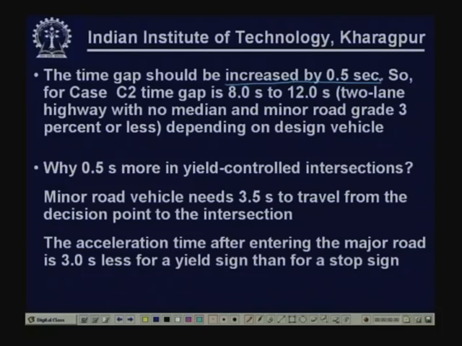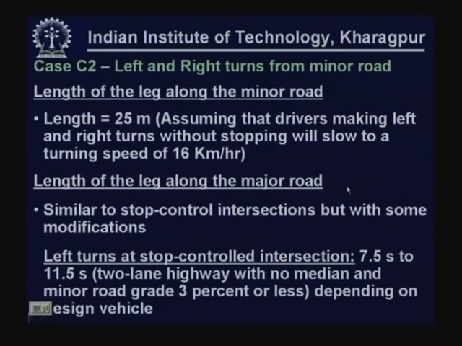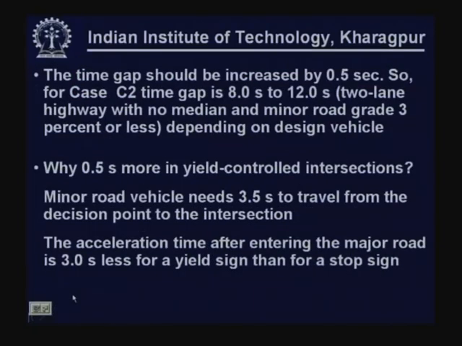In this case, it is 8 seconds to 12 seconds, again depending on design vehicles, and this range is for 2-lane highway with no median and minor road grade 3% or less. So, here half a second more value is assumed as compared to what was taken for stop control intersection. There it was 7.5 seconds to 11.5 seconds. In this case, it is 8 seconds to 12 seconds.